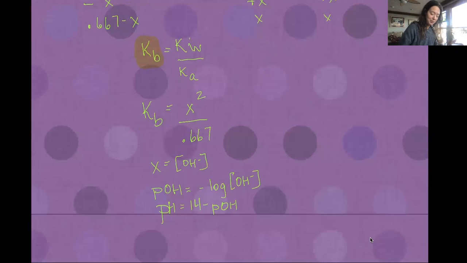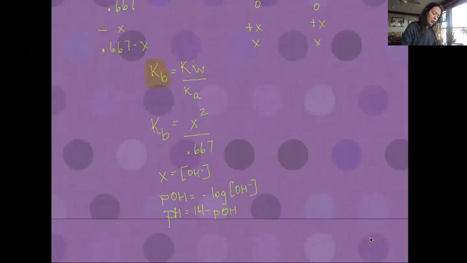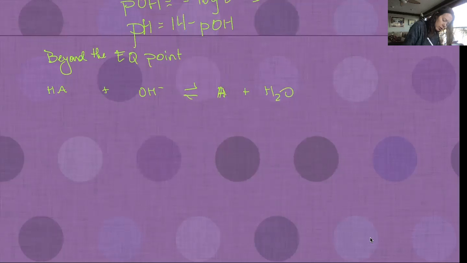Now, if we were to continue and go beyond the equivalence point, we're way past the halfway. Beyond the equivalence point, HA plus OH yields A plus H2O, right?